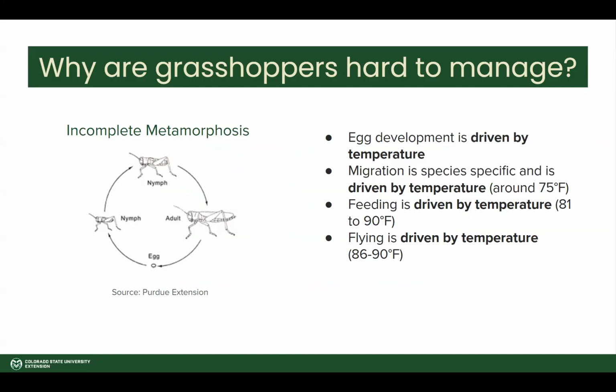In order for these eggs to develop successfully, they need a certain level of heating degree units in the fall. Then during the winter, they are essentially dormant, and the fancy term is diapause. Then in the spring, they need more warmth in order to hatch and have a successful hatch.